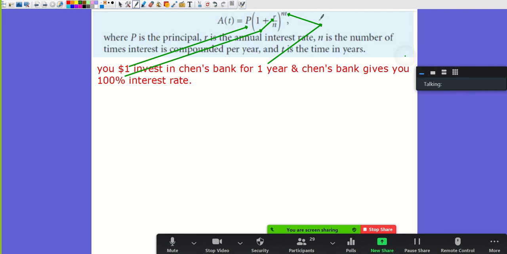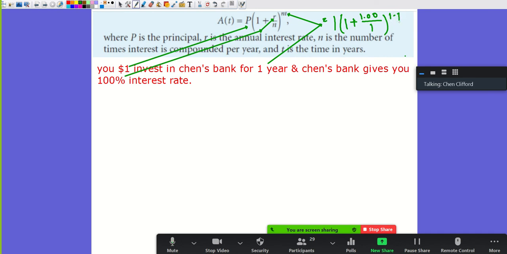As of right now, just plugging in the formula, $1 for P. R is 1.00 as a decimal. N is 1. T is also 1.